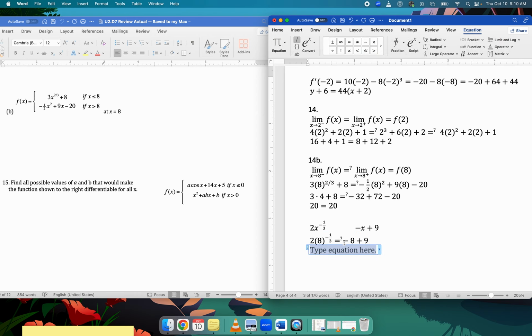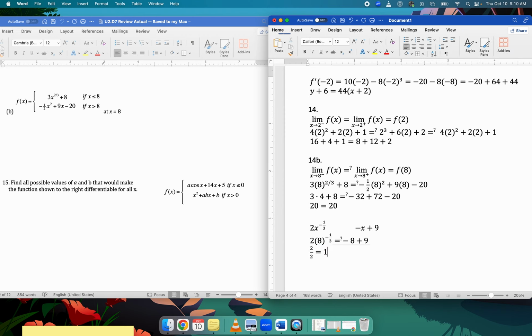What is this guy on the left-hand side? That's 2 over 8 to the 1/3. But 8 to the 1/3 just means cube root of 8, which is 2. So left-hand side is 2 over 2. The right-hand side is a 1. Oh, and yeah, so both sides are 1. So it looks like, yes, it's differentiable.